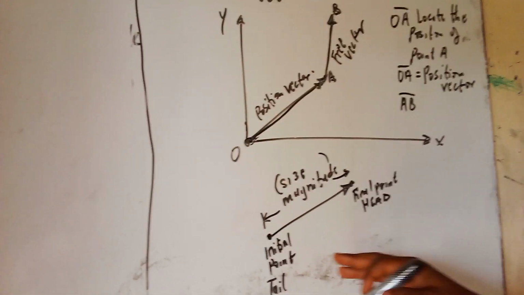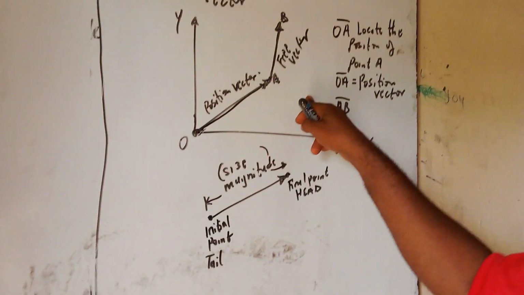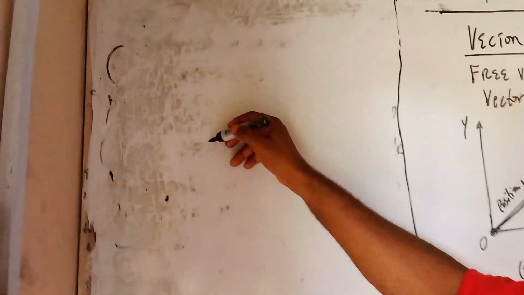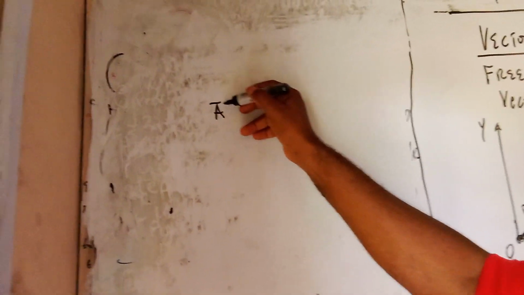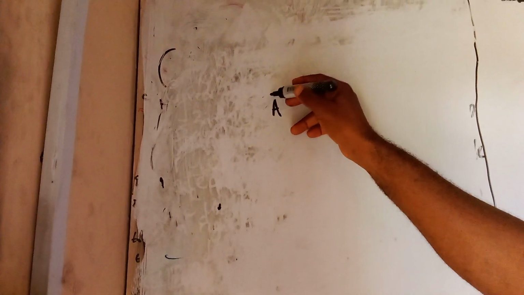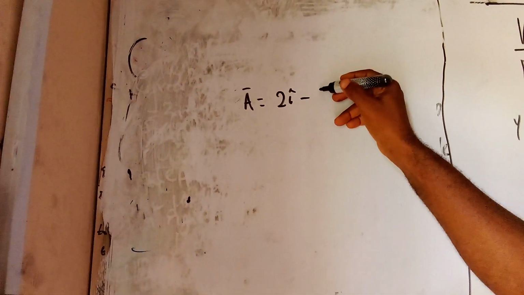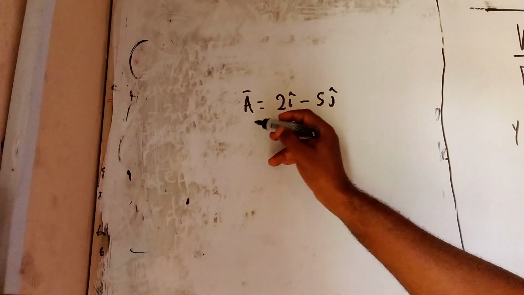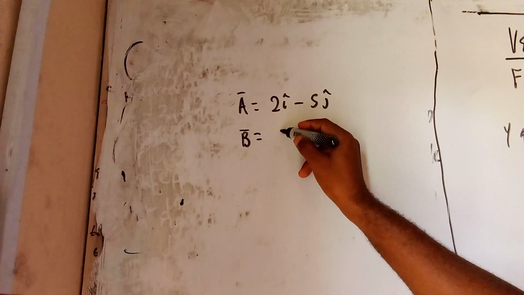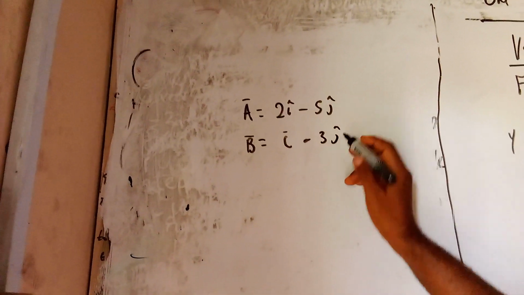Now, let's do an exercise concerning free vector and position vector. Let me say we have a point A, and the vector for point A is given as 2i minus 5j. And then for point B, the position is i minus 3j.